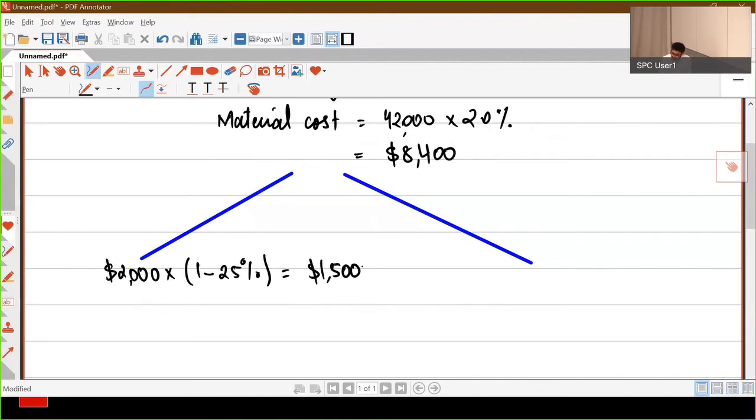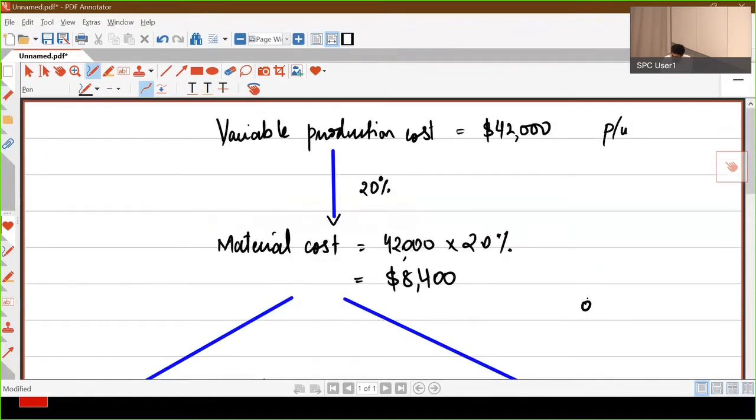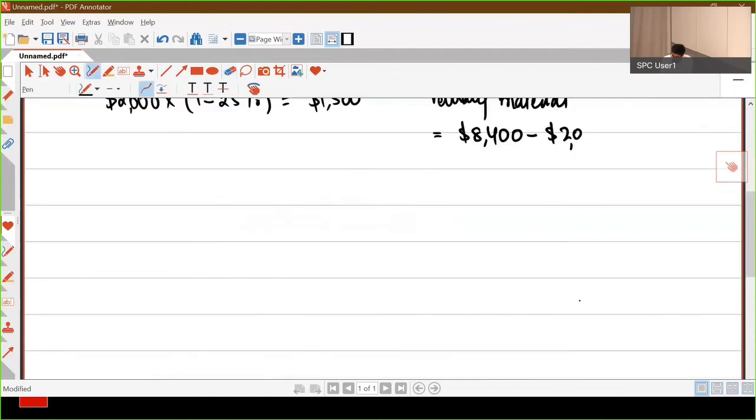Now what's the remaining material that's left? Because our total material cost was 8,400 and 2,000 standard cost, for which we already did the calculation. So the remaining material that's left is $6,400.